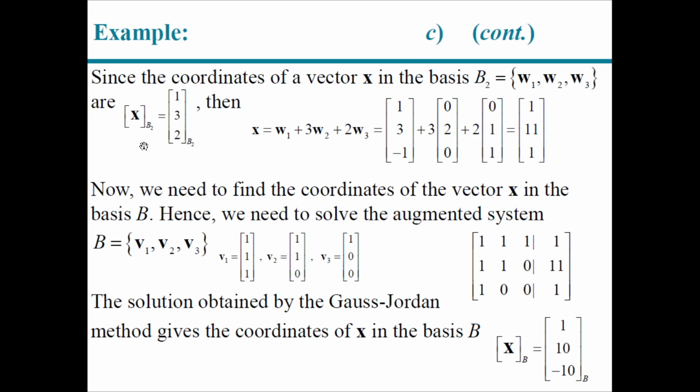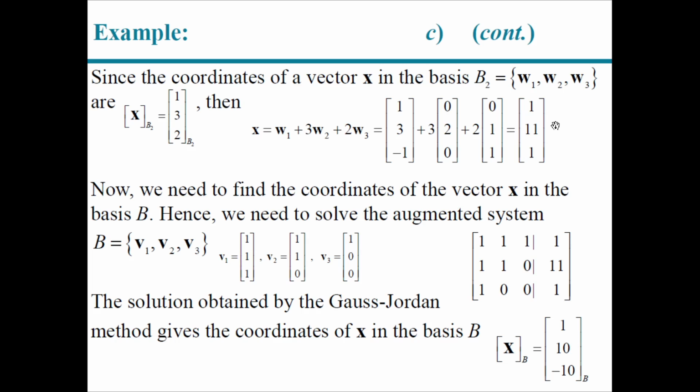But we were smart enough to realize that we can use these coordinates and the definition of what they mean. They are just coefficients in the linear combination. So we multiply each of these with the corresponding basis vector from basis B2, and we got the vector x. We were smart to find that.